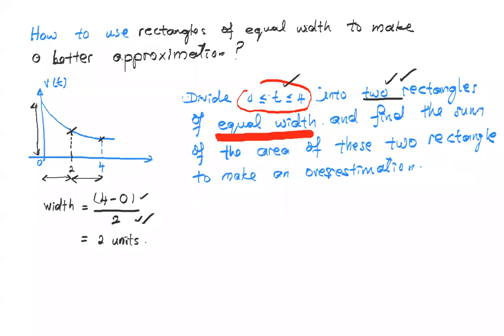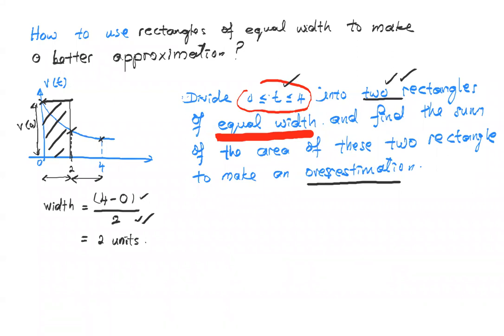So now we want to make an overestimate. So there are two heights here. So if you want to talk about overestimate, should you take the taller or the shorter one? Taller. So I draw my first rectangle. So my first rectangle, the height will be V0.